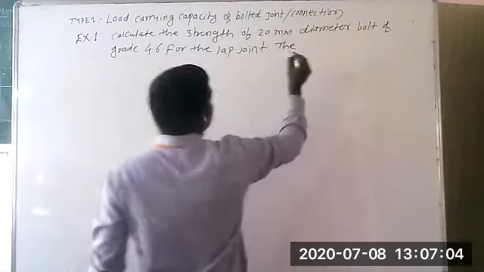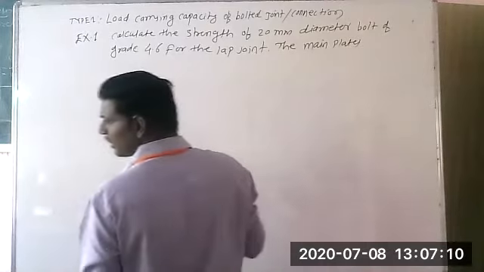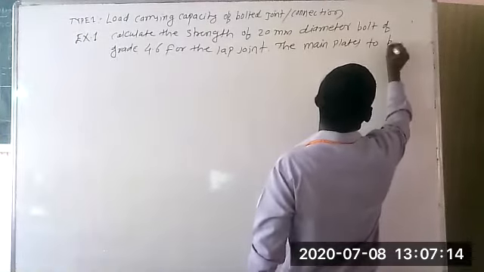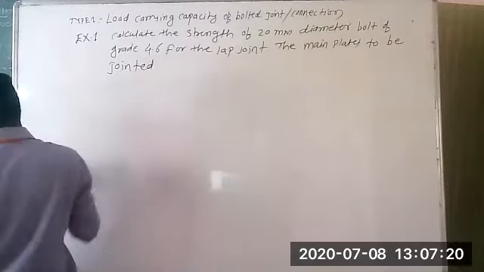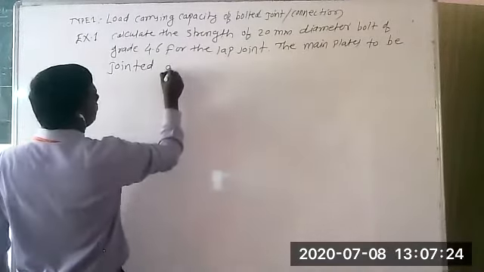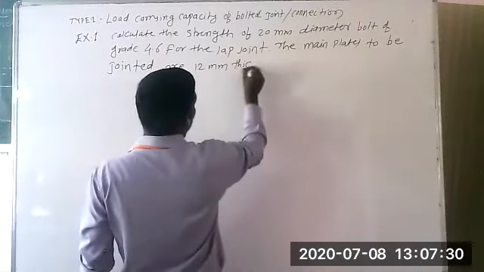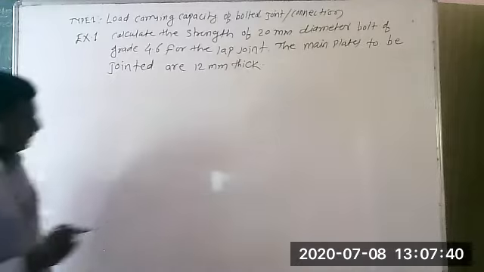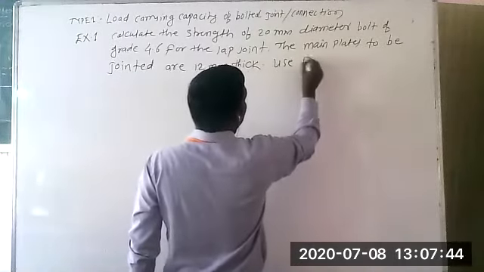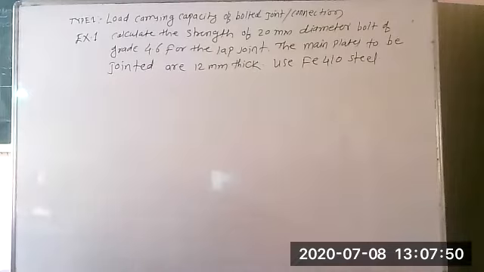The main plates to be jointed are 12 thick. Use Fe410 steel.